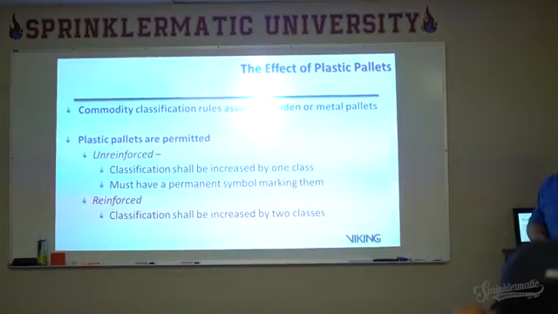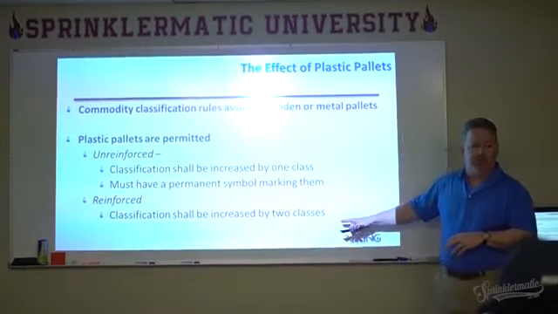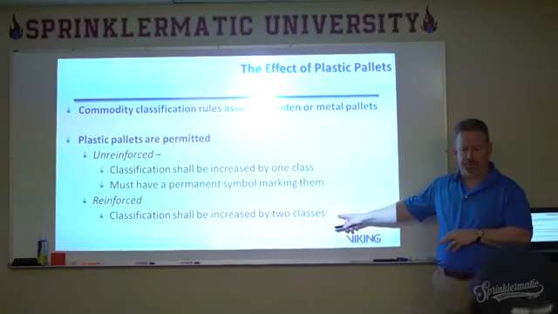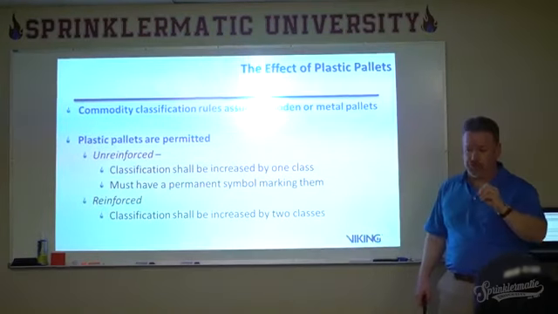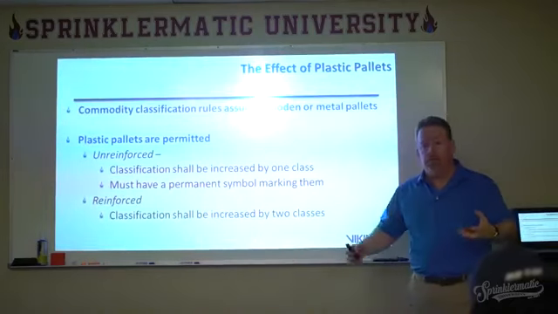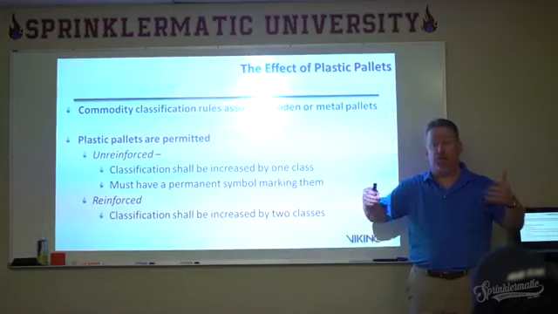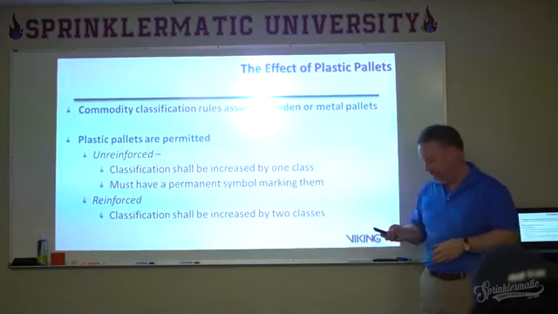Unreinforced goes up 1 because it'll fall apart during a fire. It will lose its structural stability in a fire. Reinforced plastic pallets go up 2 classes, because these pallets will not lose their structural stability in a fire, or they will resist it much longer, basically holding the pile up and keeping stability in the pile, which allows it to burn easier than if the pile falls in on itself.